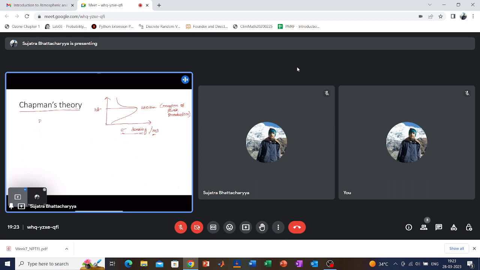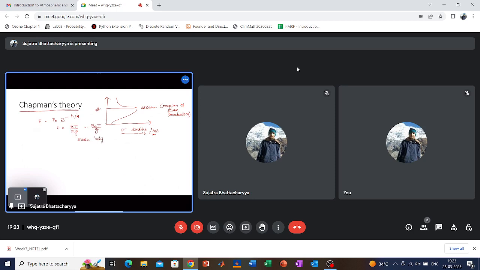Like P is equal to P naught e to the power minus h by H, where h is some variable height and capital H is kT by mg, or what we write as RT by g, called the scale height.